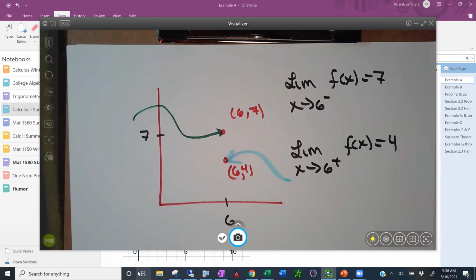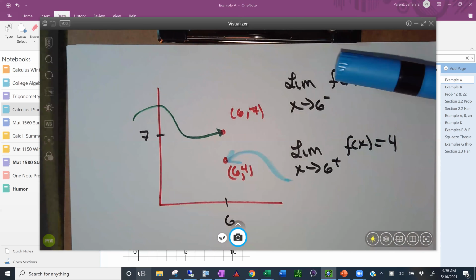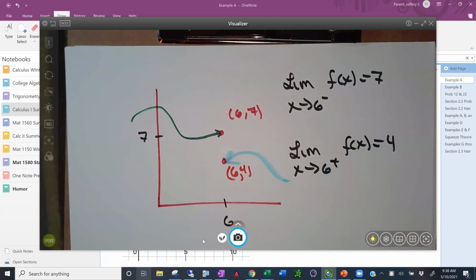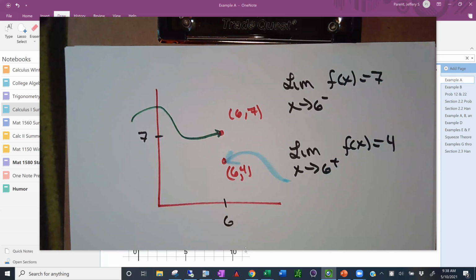And there's an example of a graph that satisfies both of these things. That's all we're looking for in this first part of things. I'll give you a second to copy some of that down into your notes.